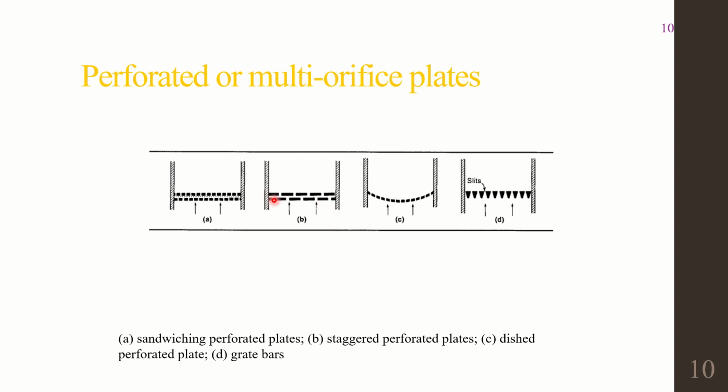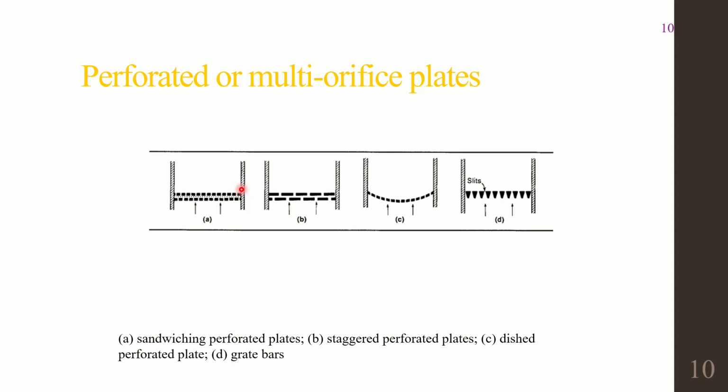Here we can see that the two lines are not exactly aligned, and this is known as a staggered perforated plate. And this is a dished perforated plate, where we have a curved plate distributor, and these are the grate bars. All of this comes under the perforated or multi-orifice plates.